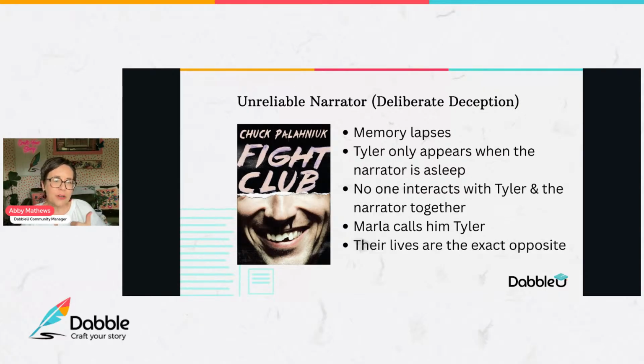And lastly, their lives are sort of the exact opposite, all right? So Tyler Durden isn't real. He's just the narrator's split personality, and he was created as a reaction to his dissatisfaction with consumerist culture and his personal powerlessness, right? So the narrator presents everything as if Tyler's a real person, right?